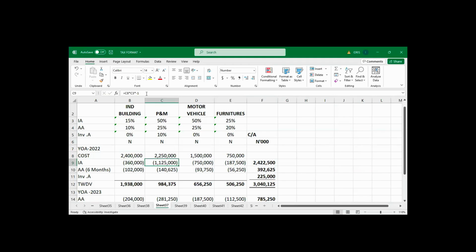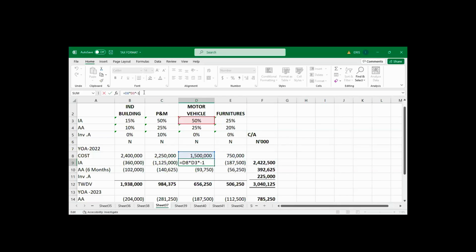For plant and machinery, the initial allowance is 50%. 50% of what? 2.25 million. So it gives us 1,125,000. Motor vehicle, 50% of what? 1.5 million.